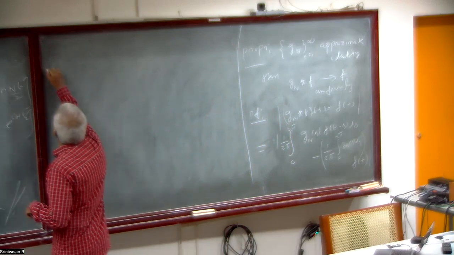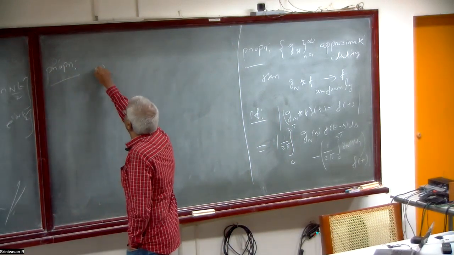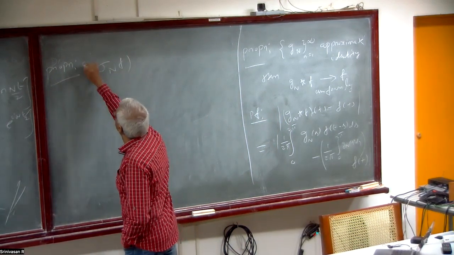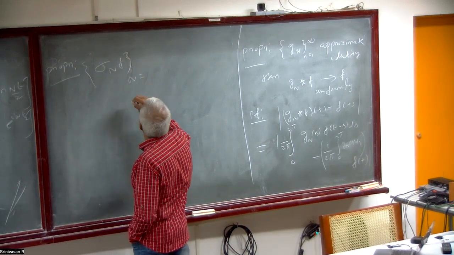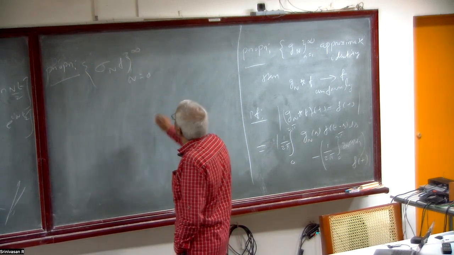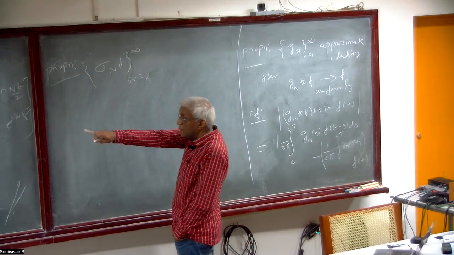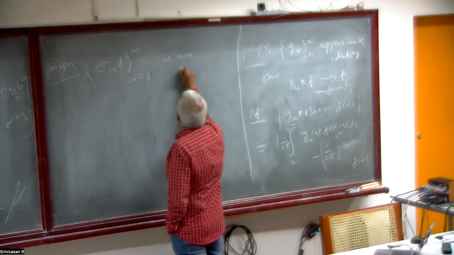Now the next proposition is, so whatever we have defined as sigma n f, the sum from n equal to 1 to infinity, because I'm taking up to n minus 1, is an approximate identity.